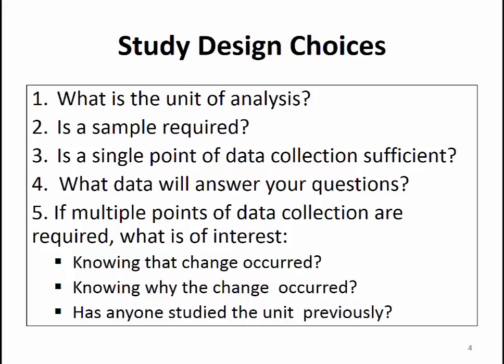If multiple points of data collection are required, one of three types of longitudinal surveys are called for, depending on what is of interest. If tracking changes over time, a trend study can be developed, involving different samples of individuals at different points in time, such as samples of voters during an election campaign.